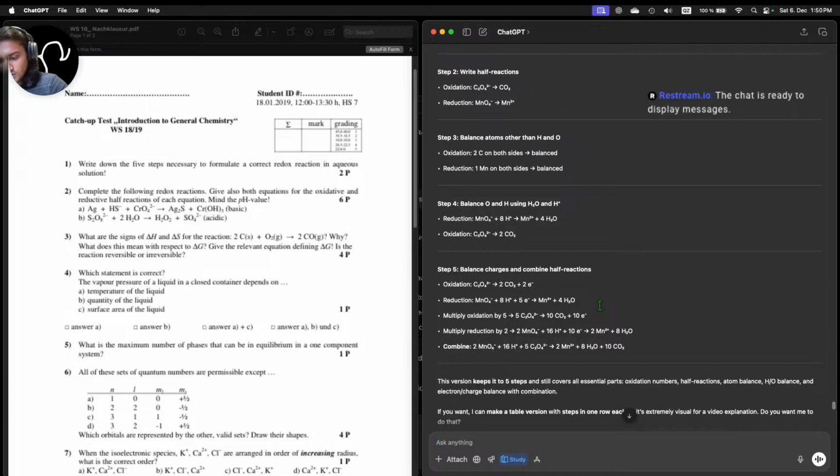Why? Five electrons, okay. This is each carbon.